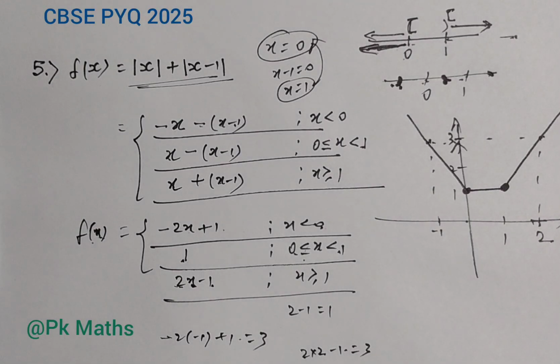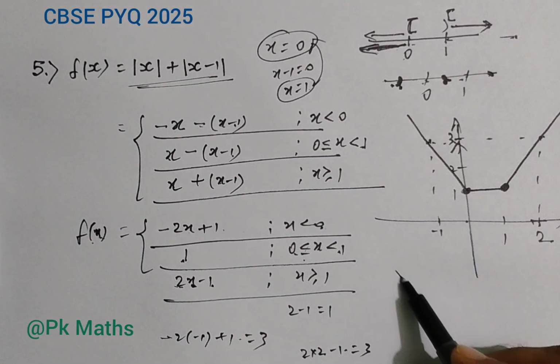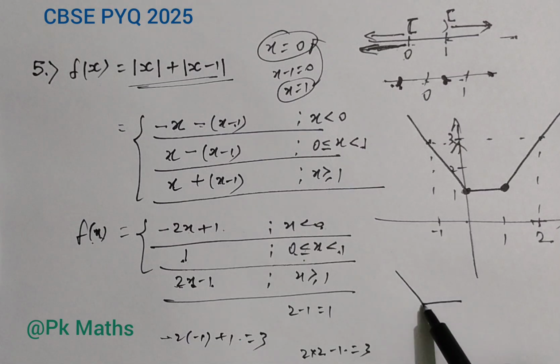Now how to check differentiability using this graph? If we have a sharp edge, then the number of sharp edges is equal to the number of non-differentiable points. So we have one sharp edge at this point. See, this is treated as what? Sharp edge. Okay.